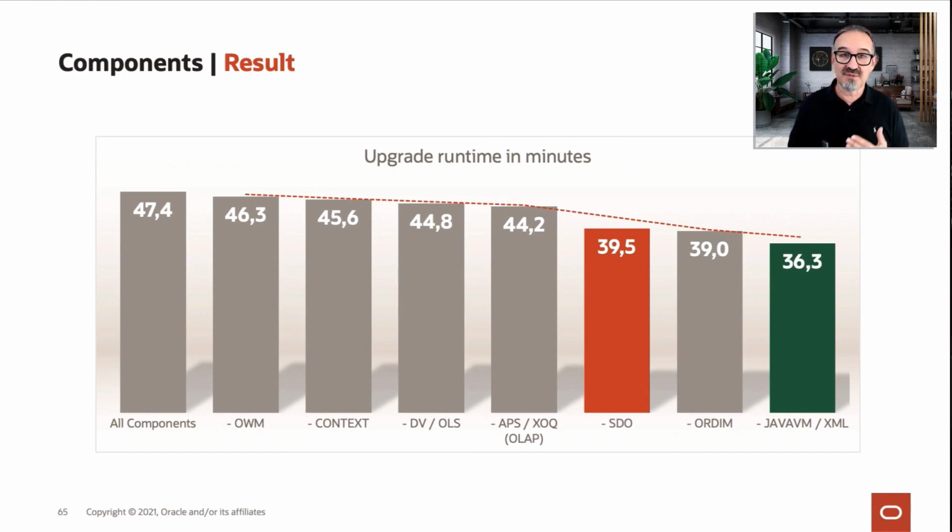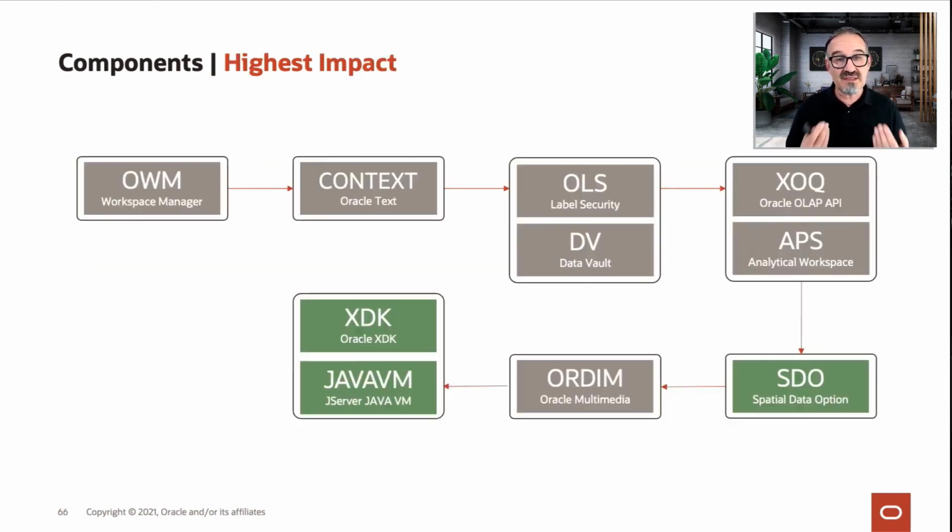So these are the most promising ones. And please, again, this is not a recommendation to remove SDO or Java VM blindly. I just want to show what happens if your database has the components compared to without them in terms of the upgrade duration. So these are the ones with the biggest impact.